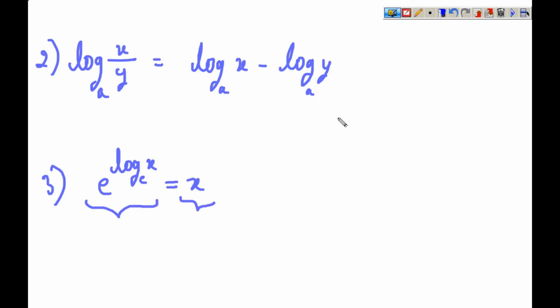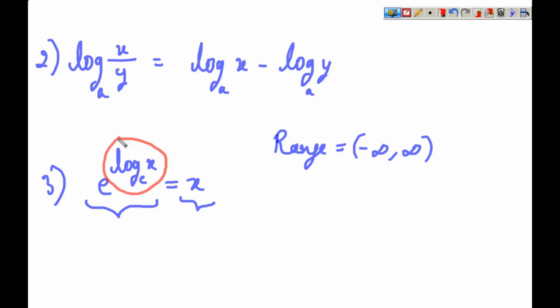Now let's try to prove that. We know that the range of the log function is from negative to positive, right? But for this particular property to be true, the value of log of x to the base e should be positive. That means x needs to be positive, and e is already positive because e is greater than 0.